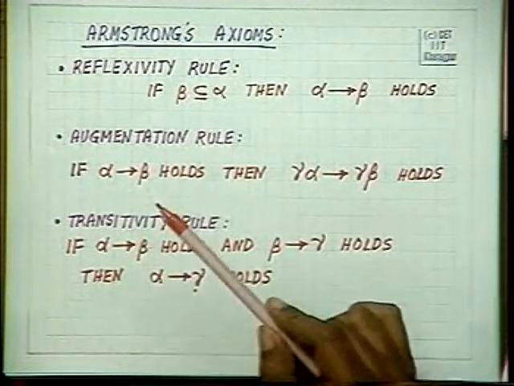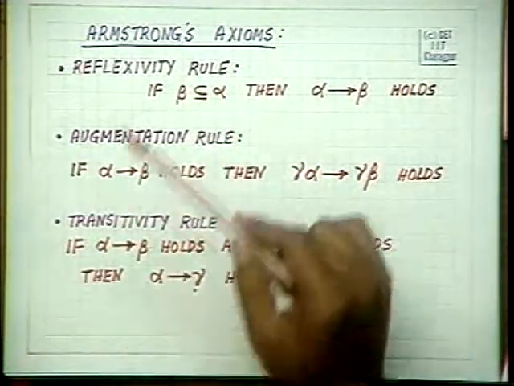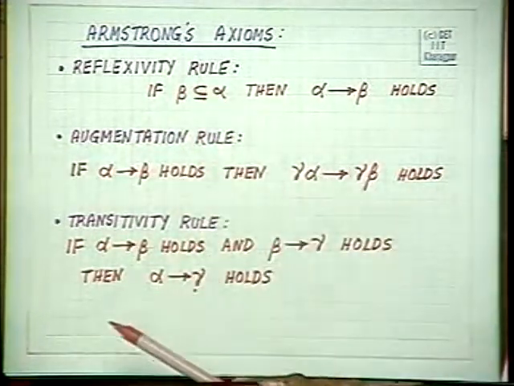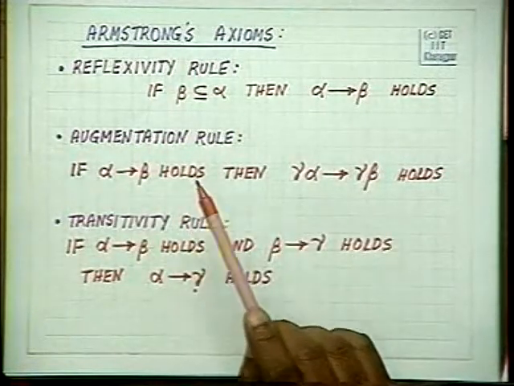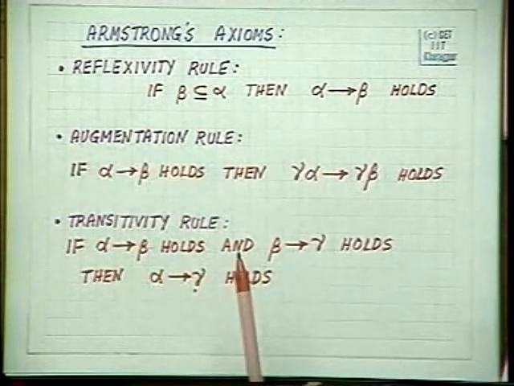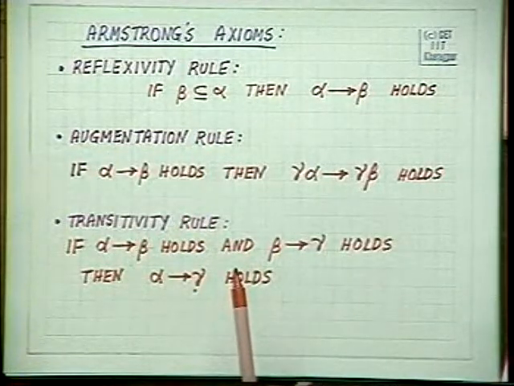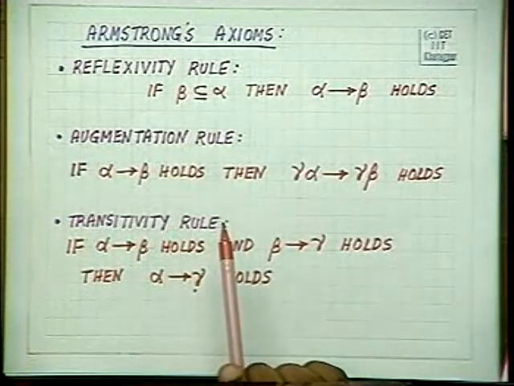And whatever you get, again you go back and start applying the rules. The order does not matter. You go on applying these three rules till you reach a situation where none of the rules, when applied, leads to any new functional dependency. It is at that point the closure has been obtained.